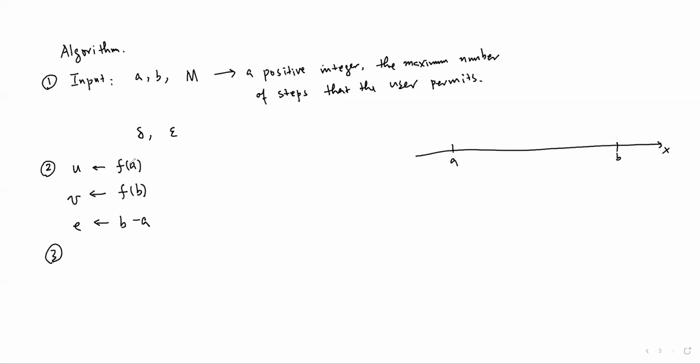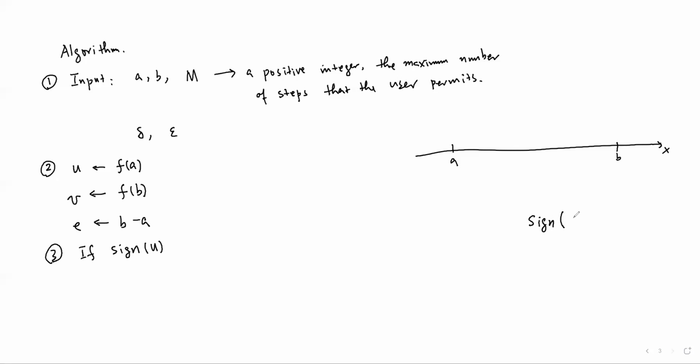All right. Now, step 3. Compare the signs of the function values at the two endpoints A and B. Now, if you write this algorithm in MATLAB, the sign function outputs the sign of a number.